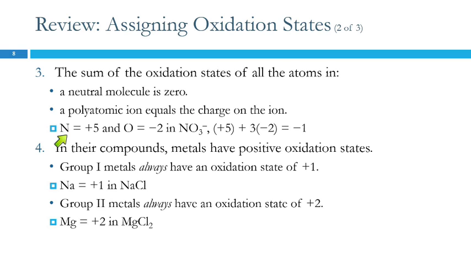In this one, the nitrogen has a +5 and the oxygen has a -2. So we've got a single +5, and then we have 3 -2s, right? So 3 -2s gives us -6, and you add 5 and you end up with an overall -1, which matches the charge. Everybody okay with that?